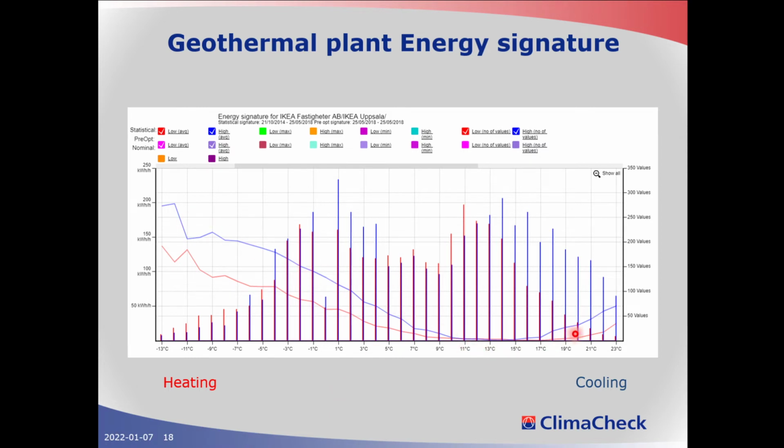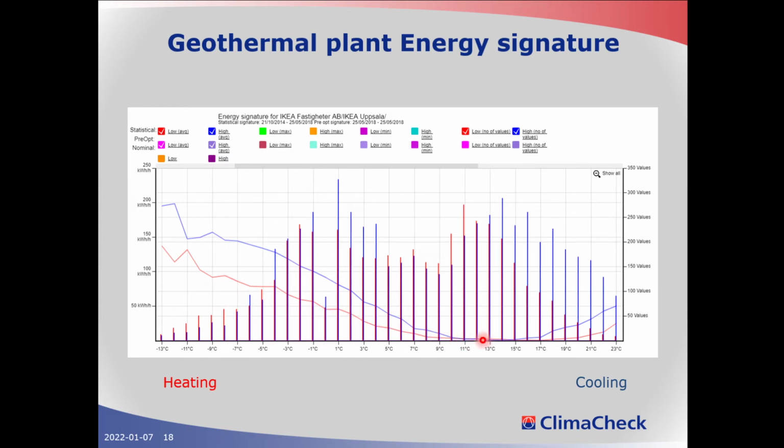In this example you can also see what happens with a system like this where we're using it for both cooling and heating. So this is a geothermal plant. It is mostly used in heat pump mode in the winter. As you can see, you have quite a lot of energy consumed at low temperatures.